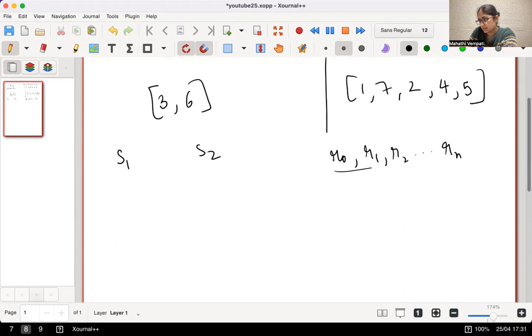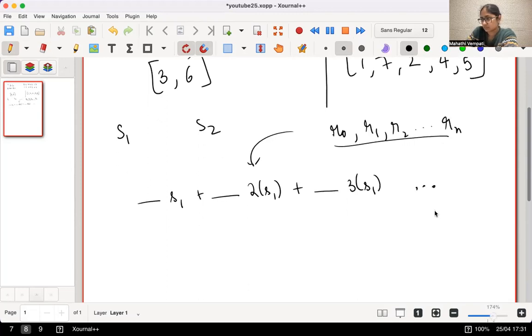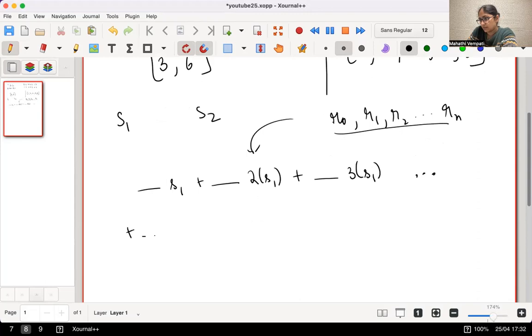You get to place all of these in here, and you get to do something times S1 plus something times 2S1 plus something times 3S1 and so on, plus something times S2 plus something times 2S2 plus something times 3S2 and so on.